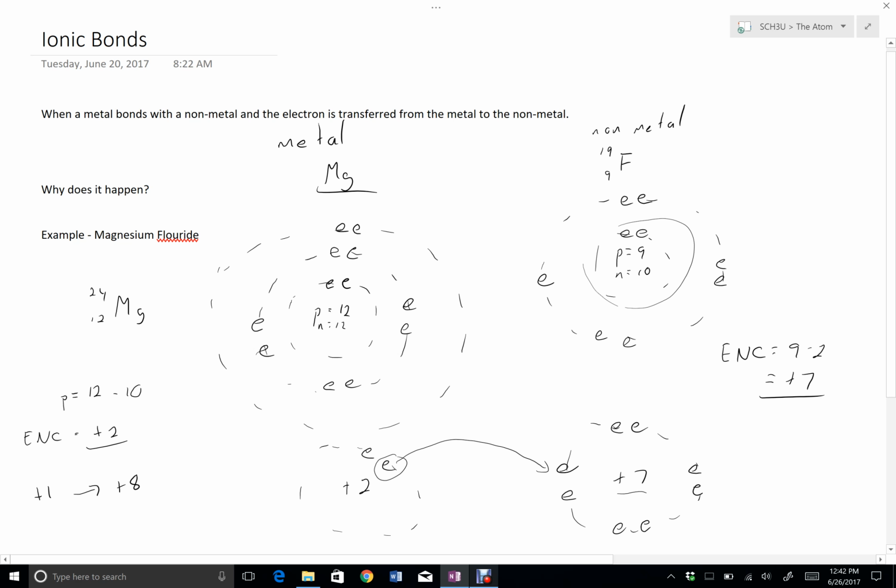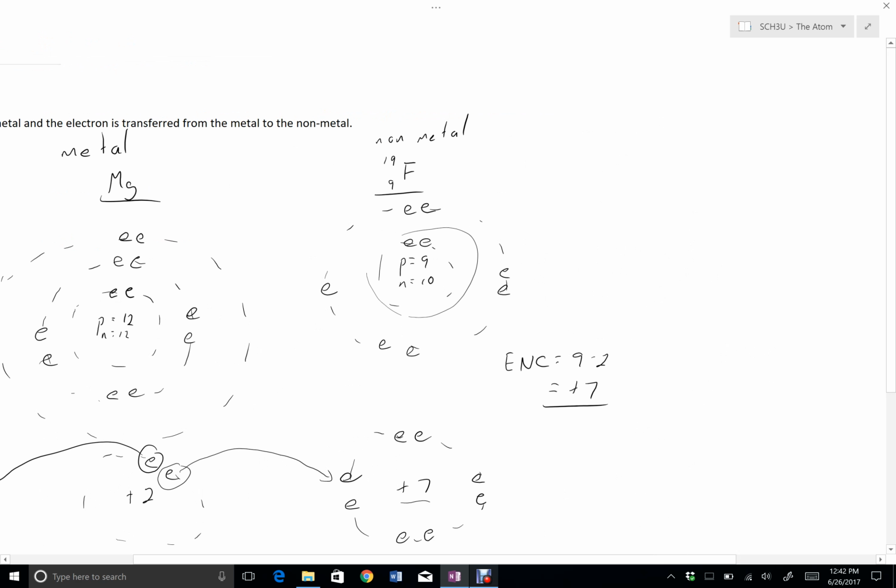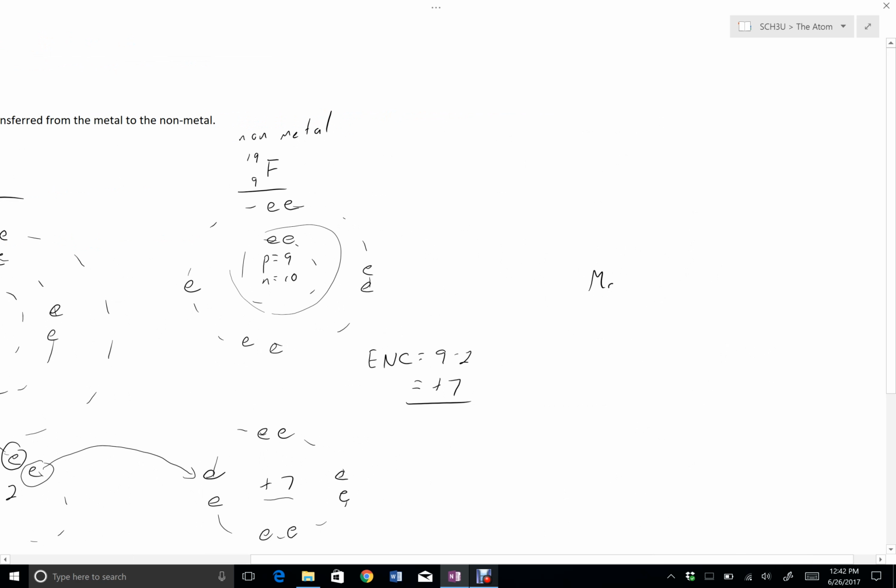It can't rip 2 away because it doesn't have space for 2. But what can happen is another fluorine atom can come along with its 7 valence electrons and rip the other guy away. And what's going to end up happening here then is that this magnesium atom, having lost 2 of its electrons, will be left as 2+.